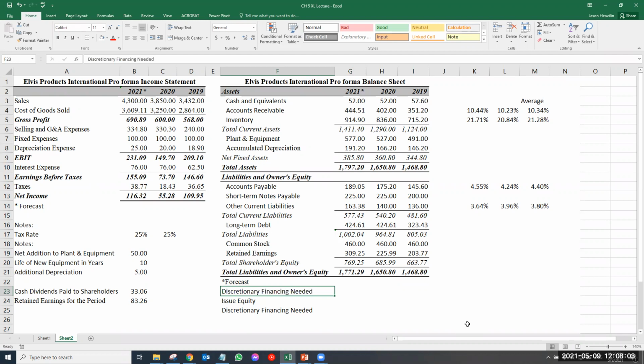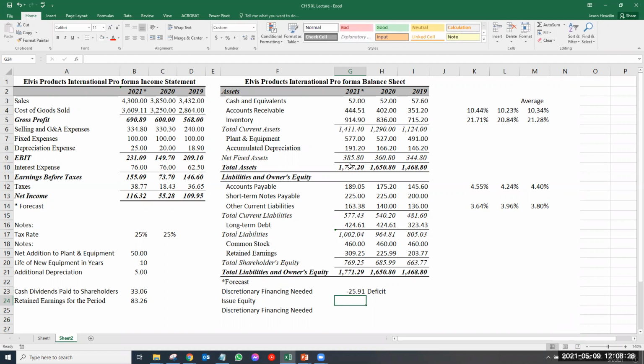balance. What we're saying is we need money somewhere. In this case, let's first find out, are we in a deficit or in a surplus? So when I take the total liabilities and owner's equity minus the total assets, I get a negative number, meaning we are in a deficit.